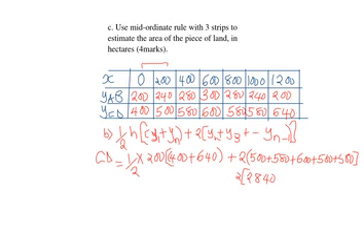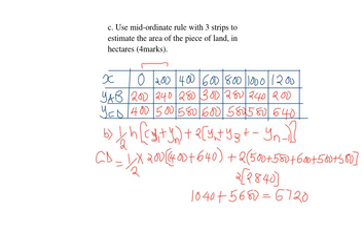gives us 2840. So if you multiply this by 2, then you'll get 5680. Then we add 400 plus 640 gives us 1040. So if you add 1040 to 5680, we will get 6720.